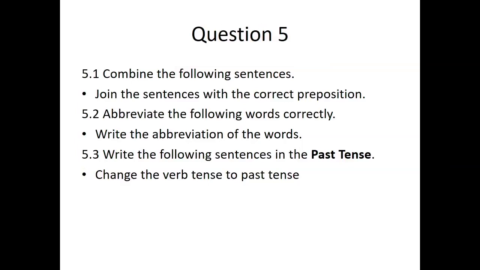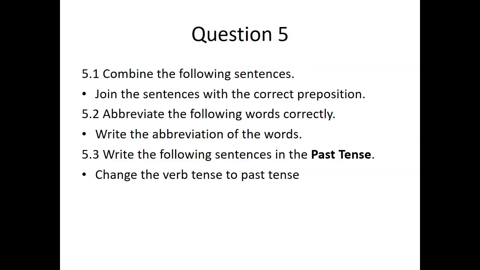Question 5. 5.1. Combine the following sentence. Okay, so you might be given a sentence. When it comes to types of sentences, we have simple sentences, compound sentences, complex sentences, and compound complex sentences. So I think we already know how to combine two simple sentences together.